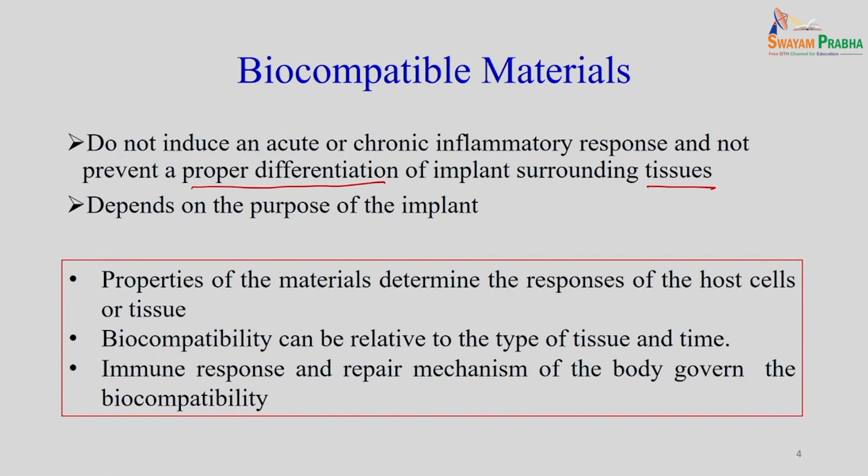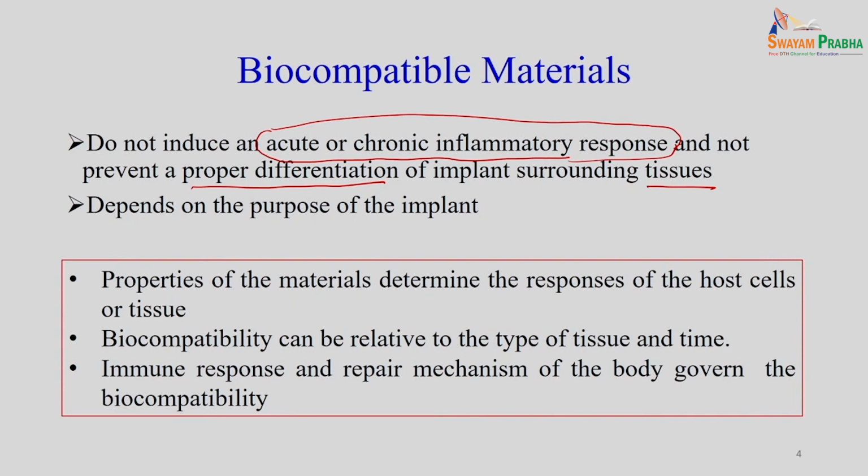So, we can say if a material is biocompatible, it does not induce acute or chronic inflammatory responses, the first thing. Second thing, it does not prevent the proper growth of the tissue or the cells.